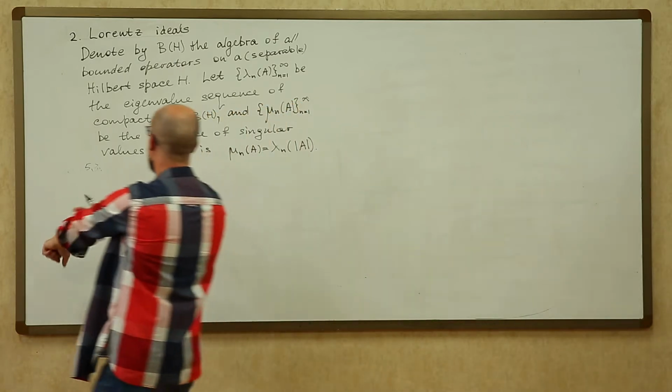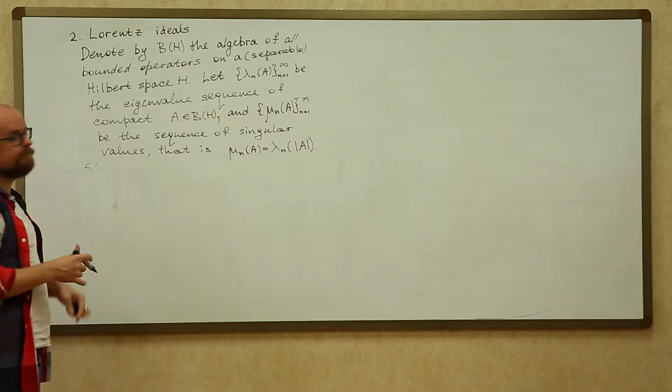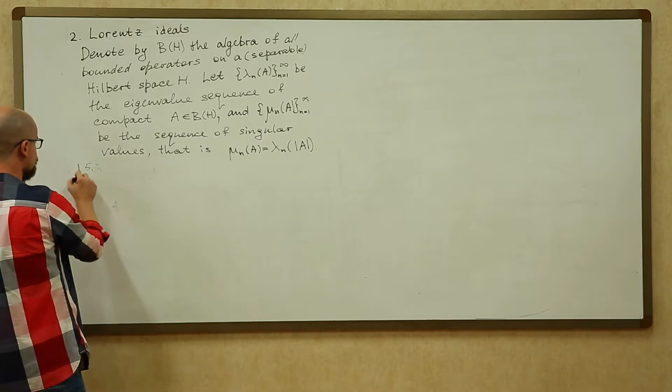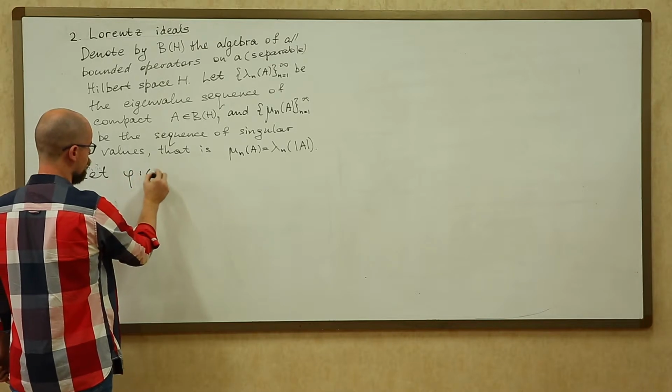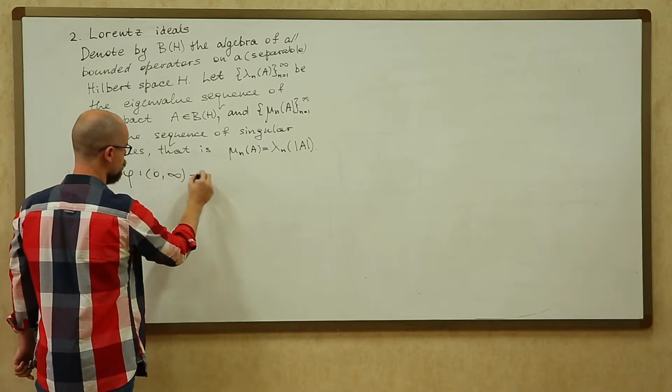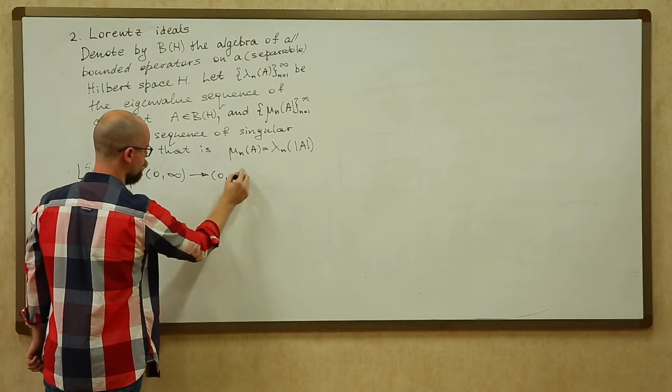Now we're getting closer to defining the Lorentz ideal. Let's consider a function phi on the positive semi-axis.